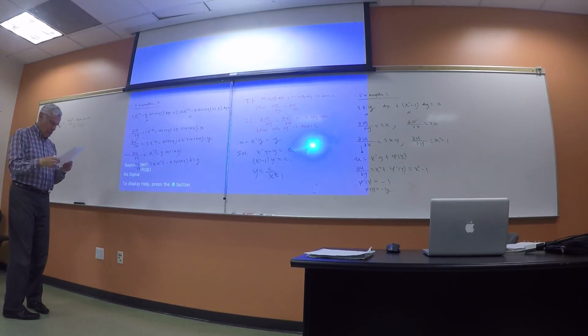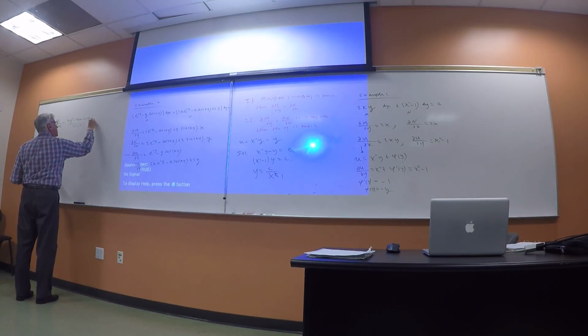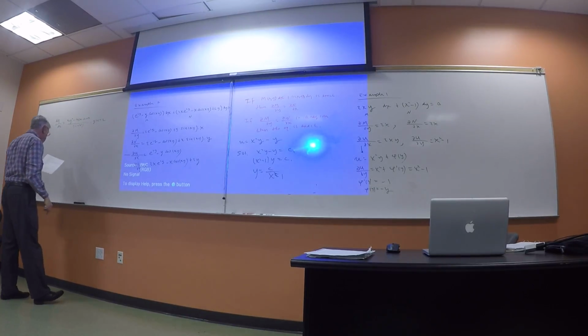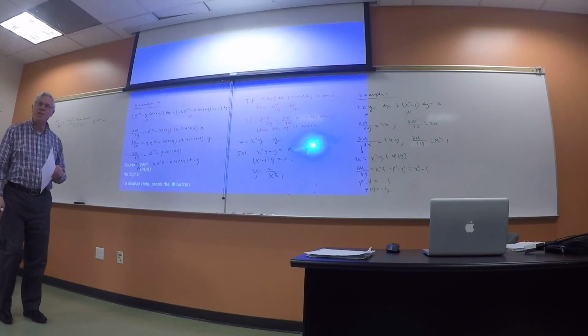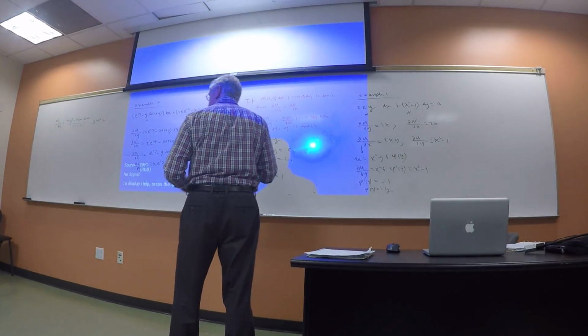So dy/dx is equal to, upstairs I got xy squared minus sine x cos x. Downstairs, y times (1 minus x squared). And we're told that y of 0 is equal to 2. And when we solve now, we should get the constant and everything, get y as a function of x if we can.